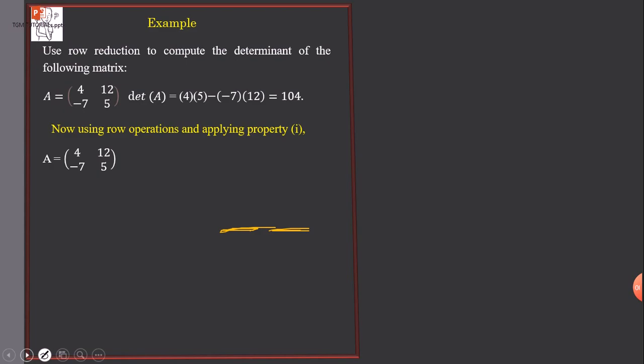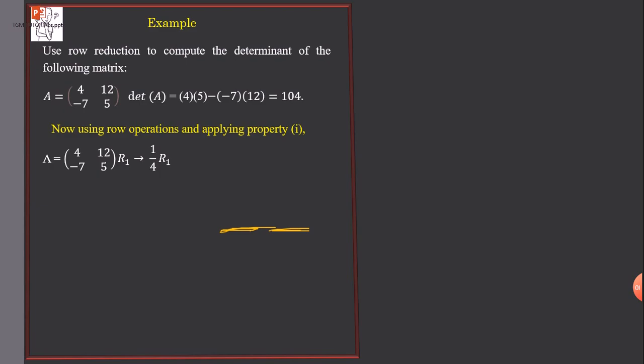From the examples of echelon matrices, we are going to make sure that where we have 4, we get a 1. So the operation that we are going to apply will be row 1 equal to 1 over 4 row 1, meaning we are multiplying every entry in the first row by 1 over 4.